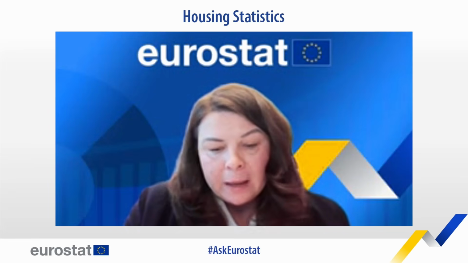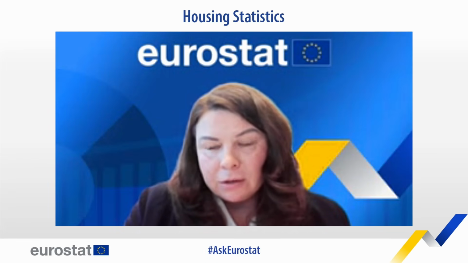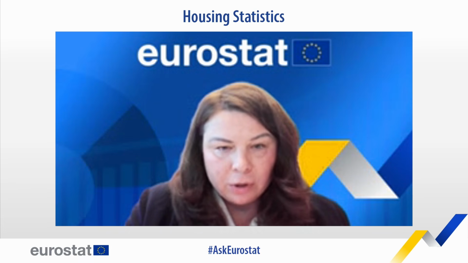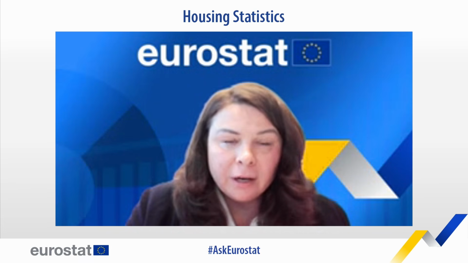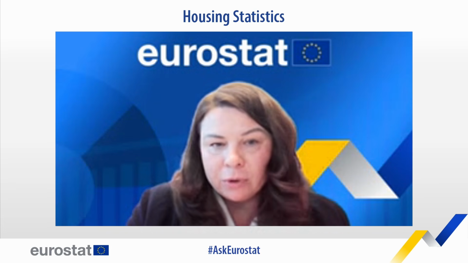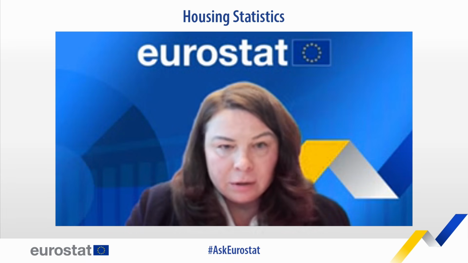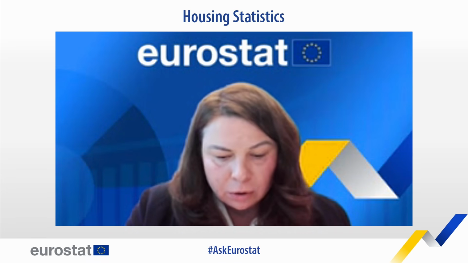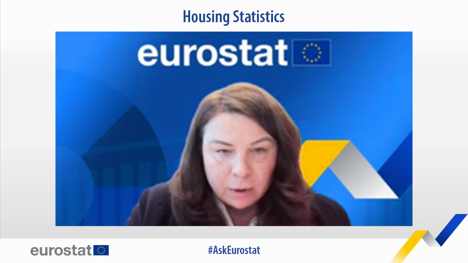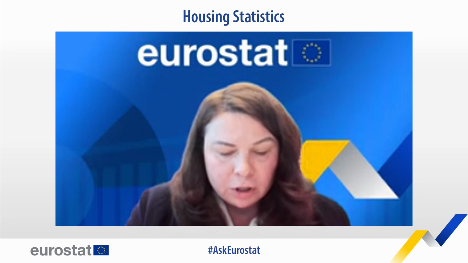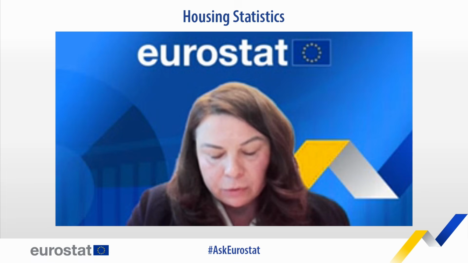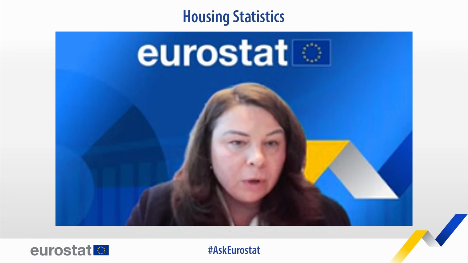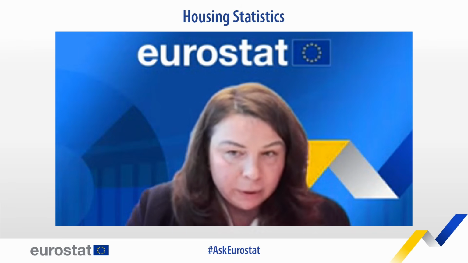Thank you, Mark. I would like to say that there is no single indicator which you can use as the best indicator to measure either the affordability or the general situation of the housing for people. So housing cost overburden rate is one of the indicators which is also included in the Social Scoreboard of the European Pillar of Social Rights, and it is monitored for the social policies.